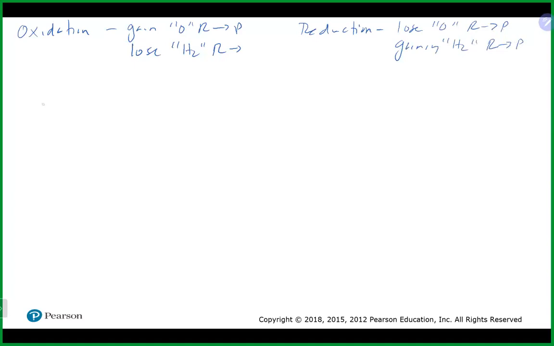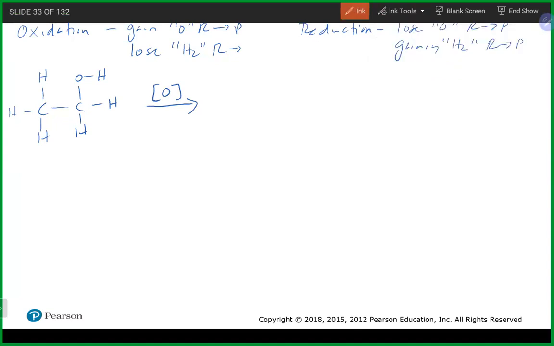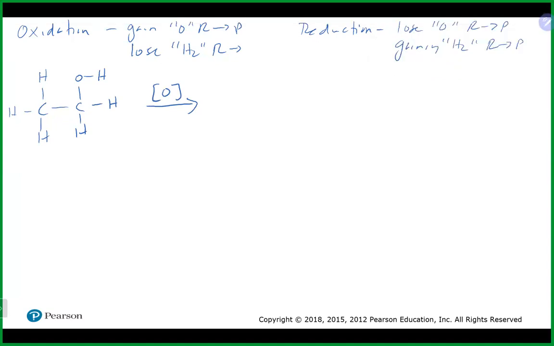So again, here, if we had our primary alcohol and we were to oxidize it, which is sometimes abbreviated with the little O in the box there, or the brackets, this definition again is the loss of hydrogen, or H2.